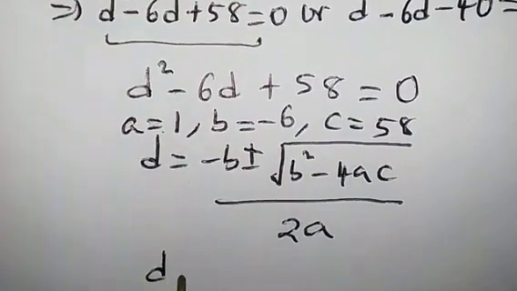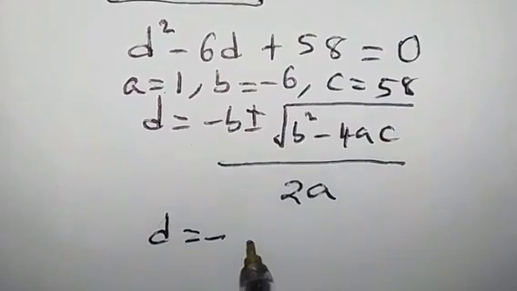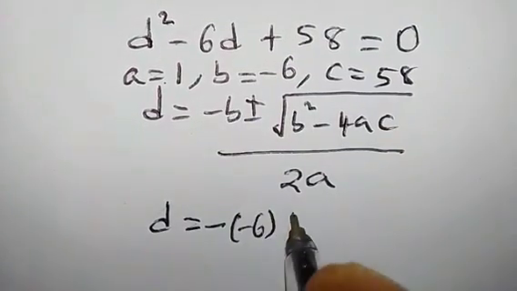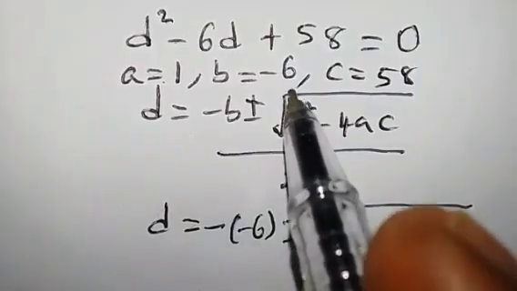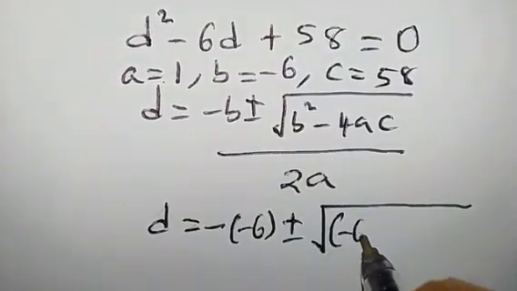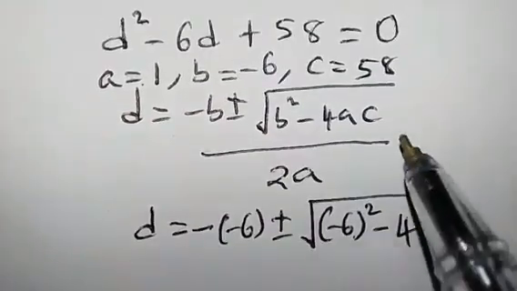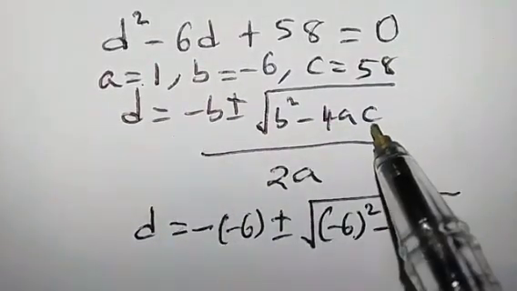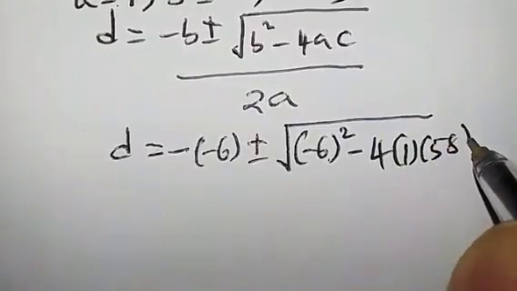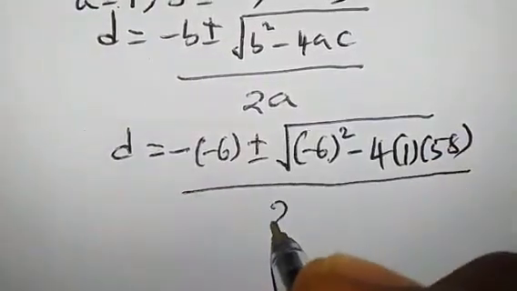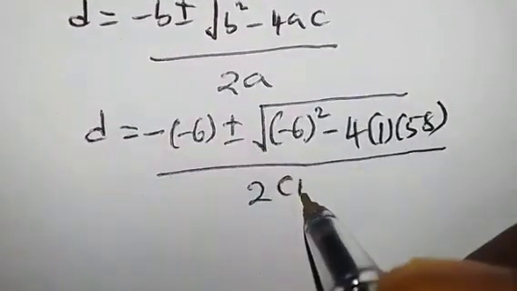So we have d = −(−6) ± √((−6)^2 − 4 × 1 × 58), all divided by 2 × 1, since a is 1.